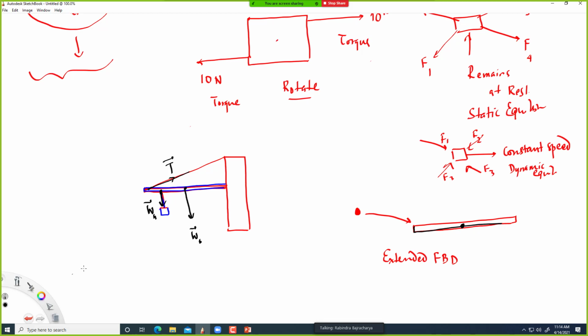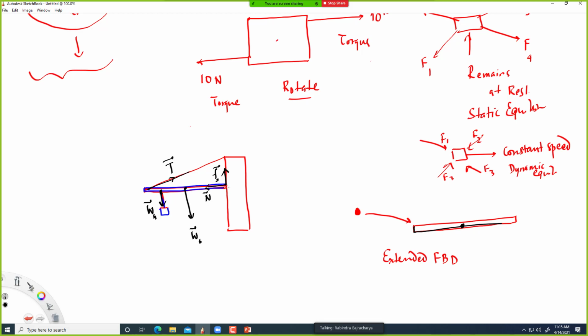And what else? There is also friction. This rod tends to slide down if there were no friction, but because of static friction in this upward direction, it remains in its place. Since this is resting on the wall, the wall provides a normal force. Imagine there is no normal force. What will happen if there were no wall?